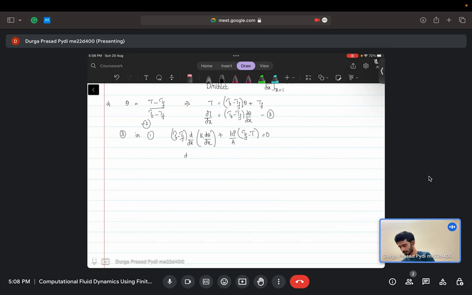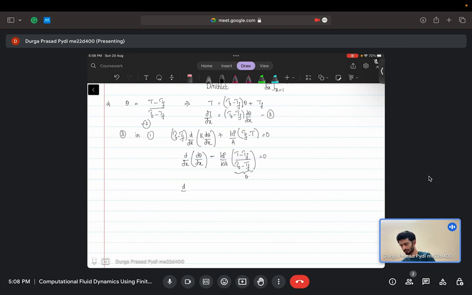So the equation is something like d dx of d theta dx minus hP by kA times (T minus Tf) by (T0 minus Tf) equals 0. This term over here is essentially the theta that we have defined.